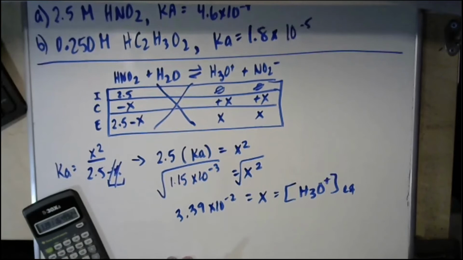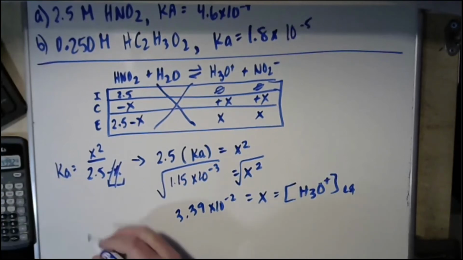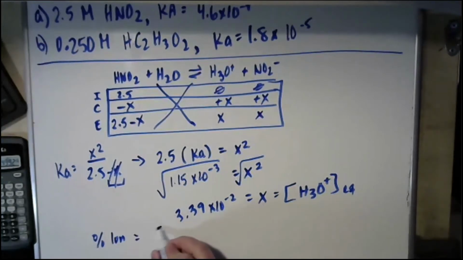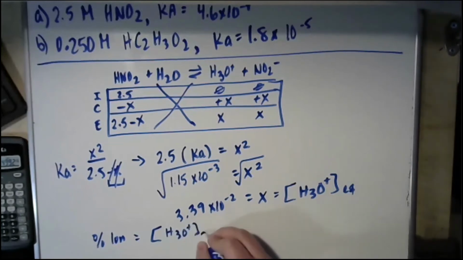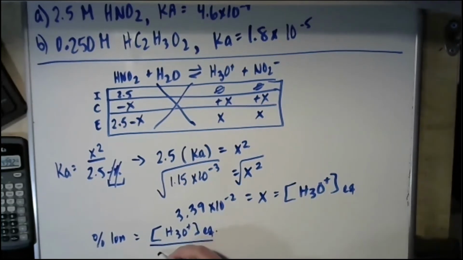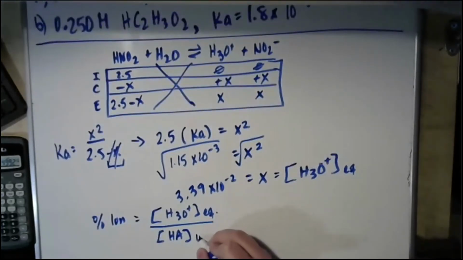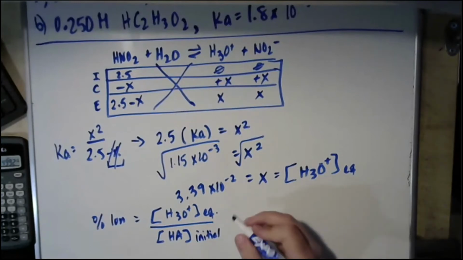Now, the formula that you see in your book to find percent ionization, they write it a little bit differently, but it's the same formula. Percent ionization: we're going to take the concentration of your H3O plus at equilibrium, divide it by the concentration of your weak acid, whatever it was initially, and multiply it by 100.